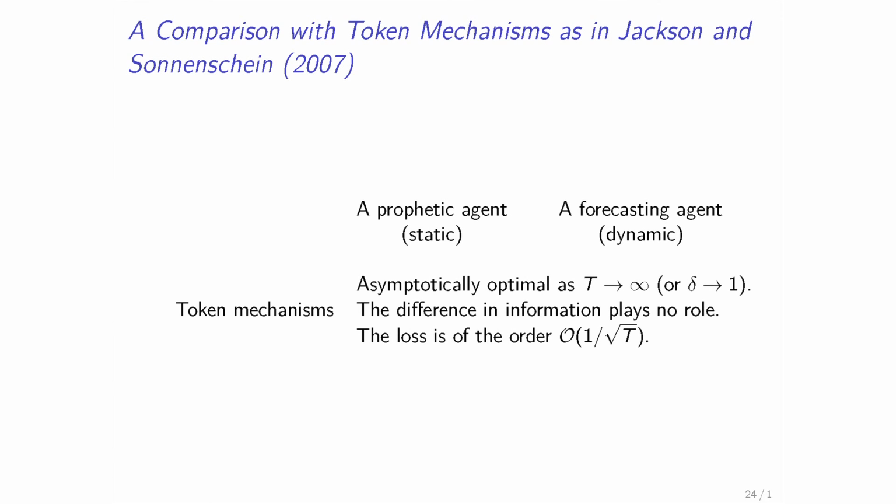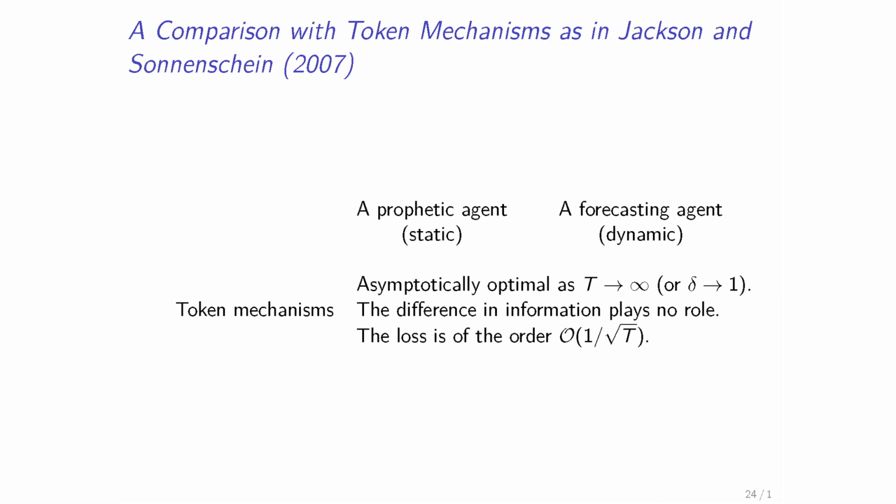This is due to our binary valuation assumption. In these two environments, the agent will always claim the high value units if he still has tokens in his back pocket. And he will always decline the low value units if the remaining tokens are needed to cover the remaining periods.